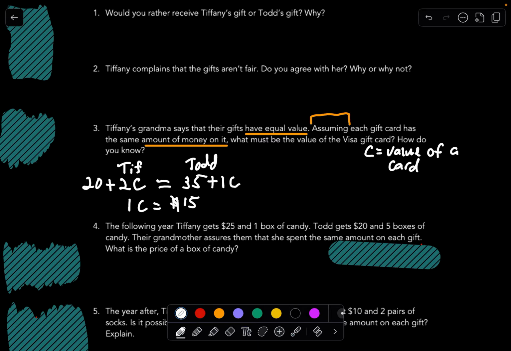So each card is worth $15. All right. And how do I know? Because it balances out.